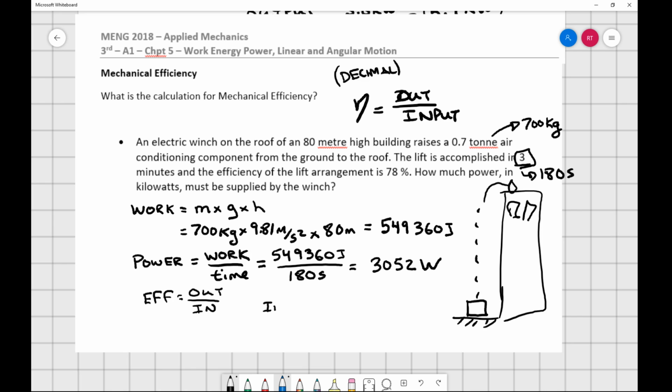So my in is equal to out divided by efficiency: 3052 watts divided by 0.78, and I have a value of 3913 watts, or 3.9 kilowatts.